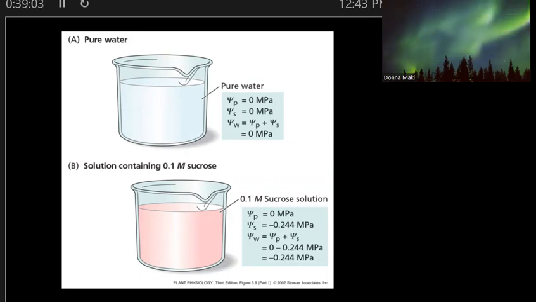That's not Pascal. I've had students in the past say, oh, then psi sub S is 0.1. No, that's molar. That has nothing to do with Pascal. You would have to convert it to Pascal somehow in order to do that.